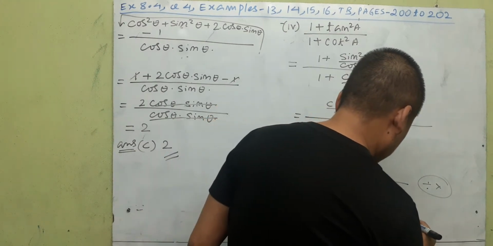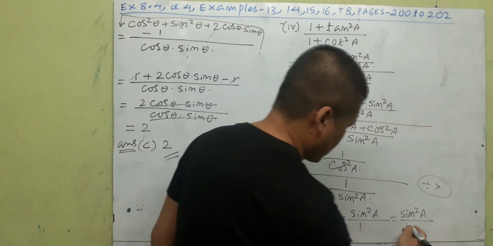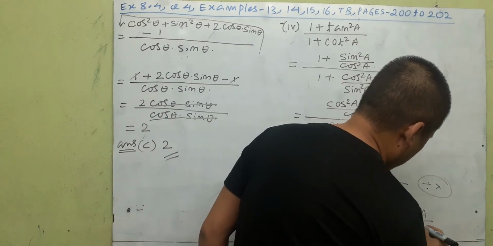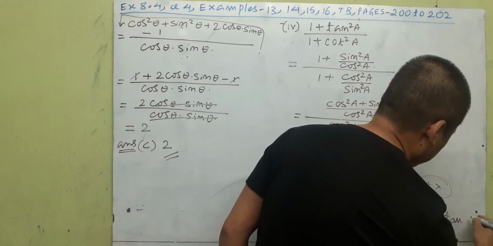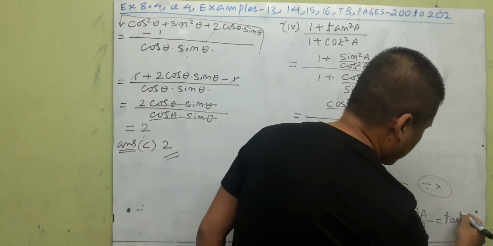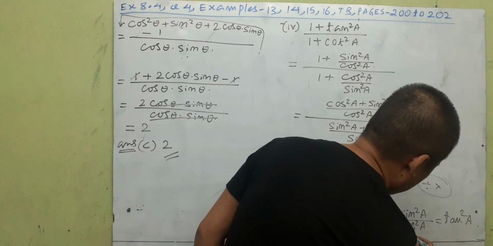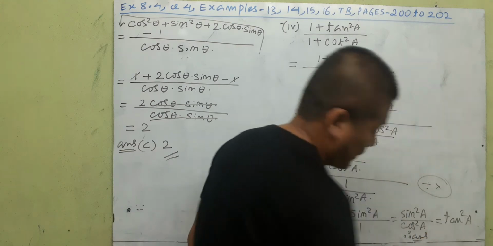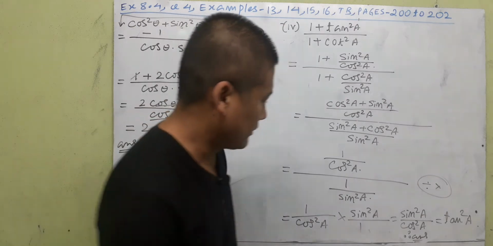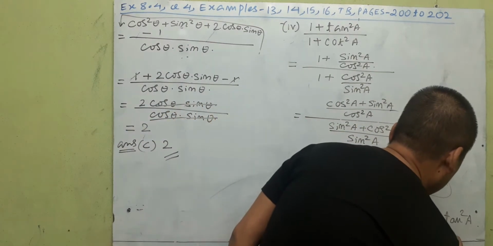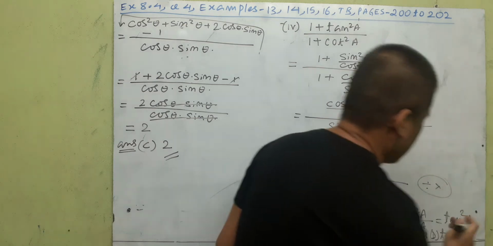So we're going to get sine square A by cos square A into 1, which is cos square A. Now sine A by cos A is tan A, so sine square A by cos square A will be tan square A. So the answer choice that matches is tan square D. So D is the right answer choice because the answer choices mention tan square A, exactly the one we got.